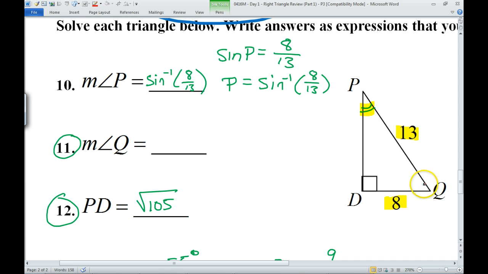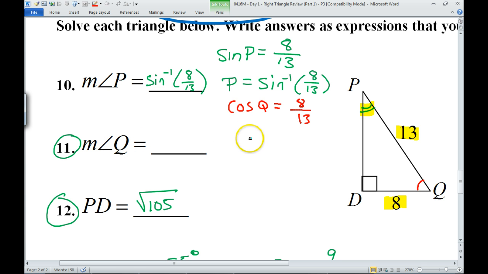If we focus on angle Q, 8 is adjacent, 13 is the hypotenuse. So which function is that? Hope you said cosine. So cosine of angle Q should equal adjacent over hypotenuse.